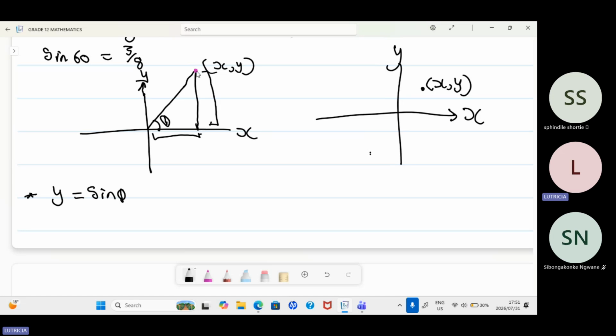is when we have this point here and then we've drawn a triangle, the vertical side, which is this vertical side, is the length of our y.